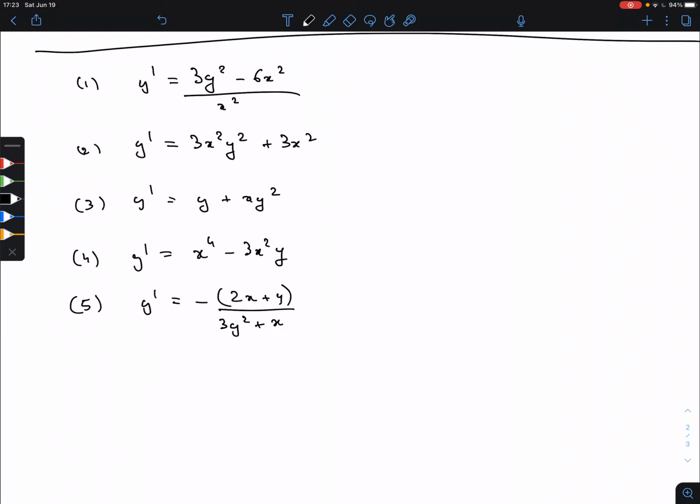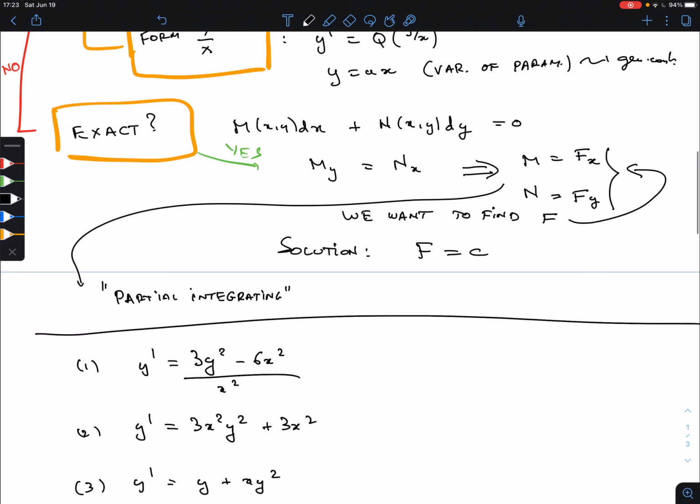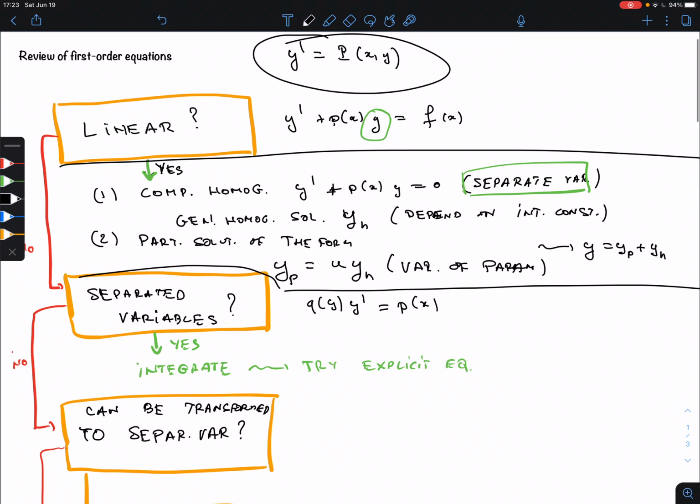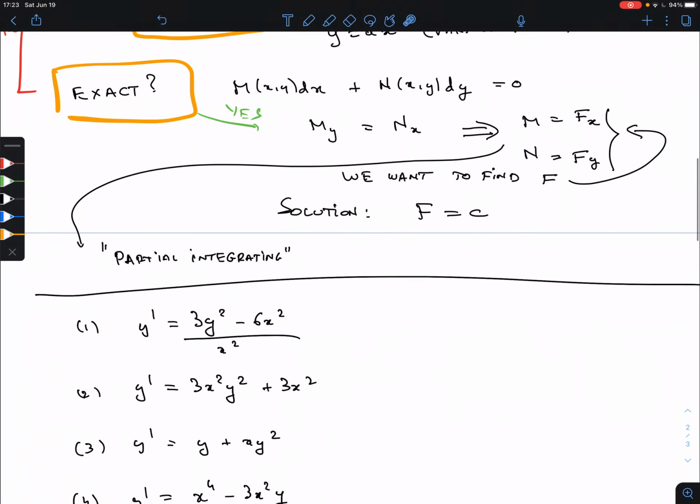So let's go through the chart here. The first one. Is this linear? Now remember, linear is very, very special. It means there is only one y prime and one y, and that's it. That's clearly not the case here.